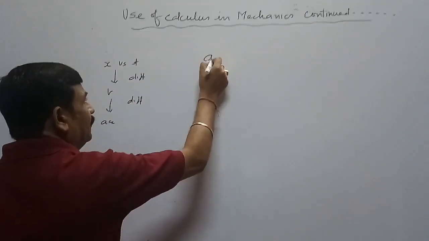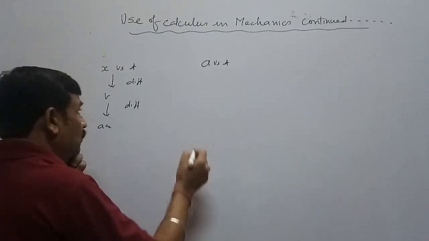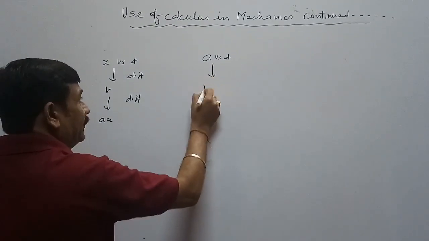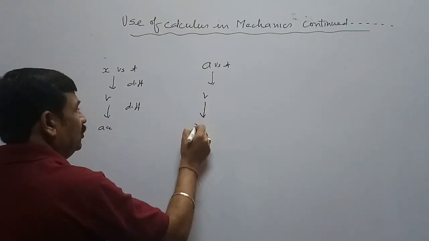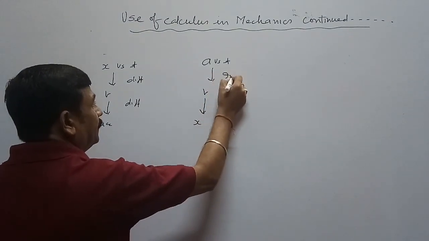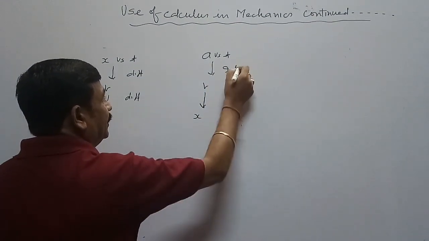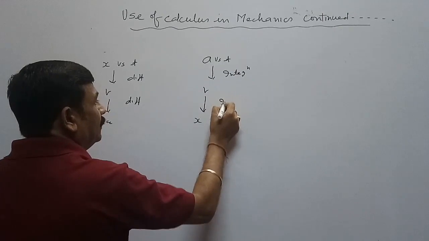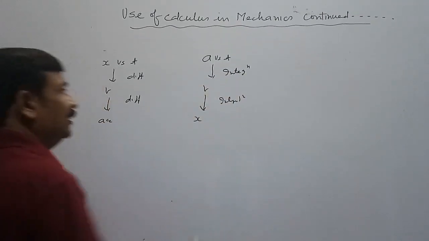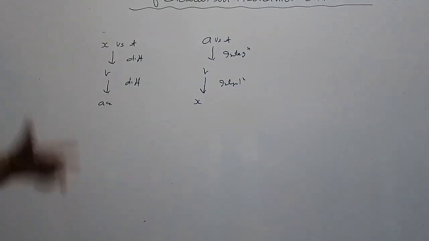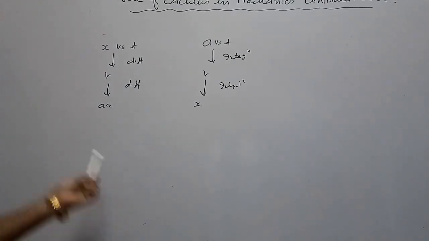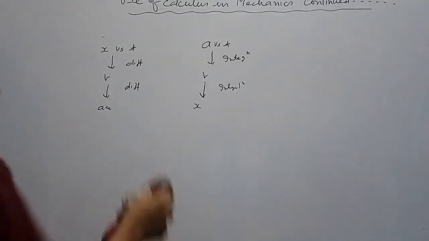If the acceleration versus time equation is given to you, integrate it and you will get velocity. One more time integrate, and you will get distance. So keep this in mind, along with the rules for differentiation and integration.